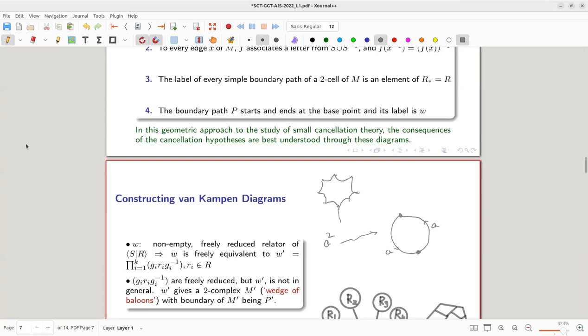It's difficult to draw an octagon like this, so I am not drawing an octagon. I'm just drawing a disk here. Okay, so suppose this is the base point. If I trace this, it is a disk, and if I trace this, it is also a disk.